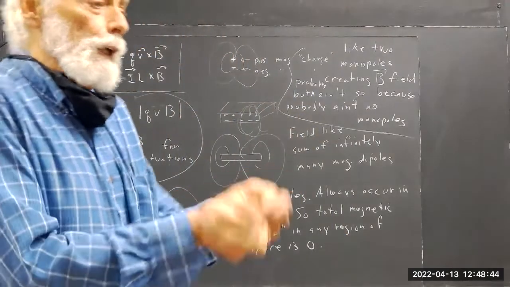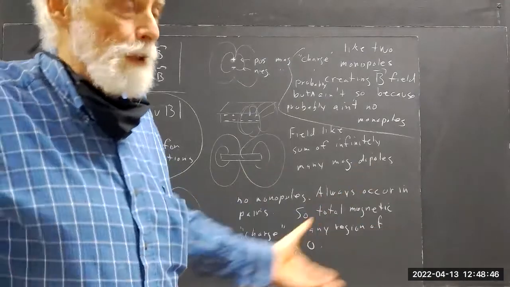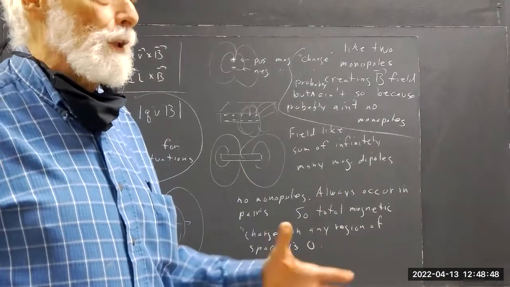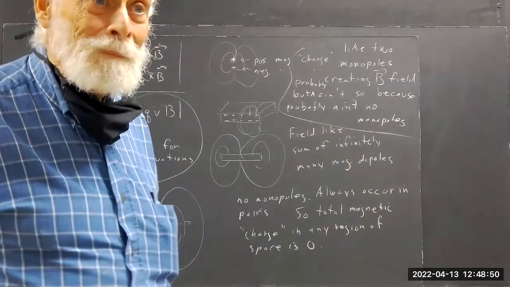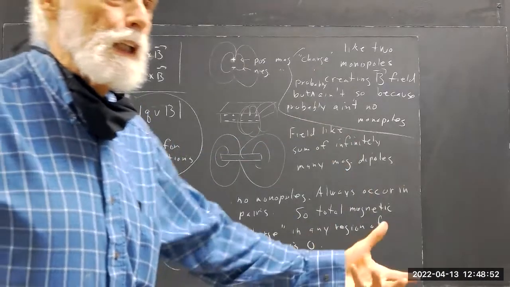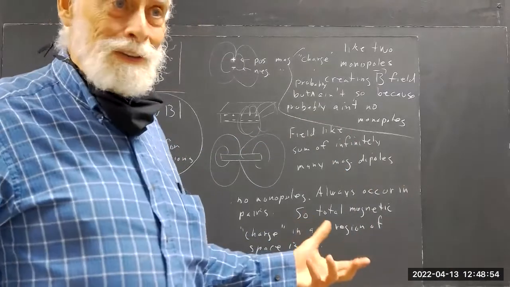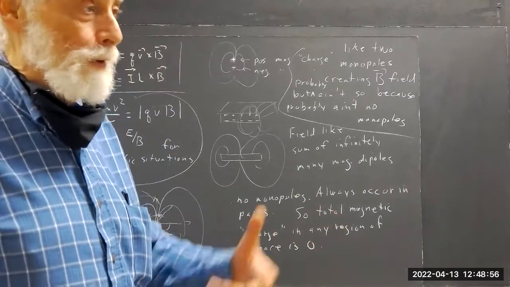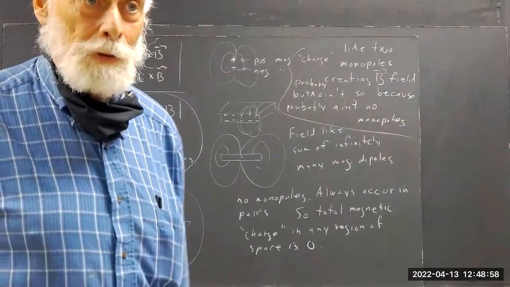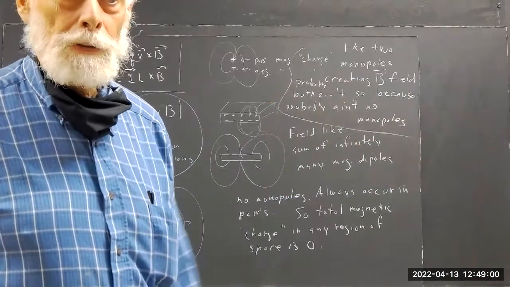Since you always have a negative with a positive, you can't have a total charge. You can't separate it. You can't do a magnetic capacitor. Okay, you can't have a magnetic pole current. Okay, can't do any of the stuff you do with electricity, except that Gauss's law still applies.